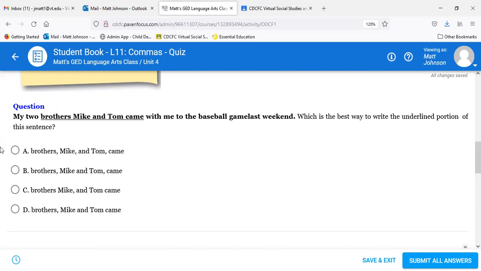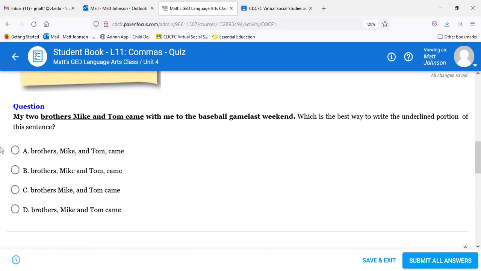A, brothers, comma, Mike and Tom, comma, came. B, brothers, comma, Mike and Tom, comma, came. C, brothers, Mike, comma, and Tom came. D, brothers, comma, Mike and Tom came.